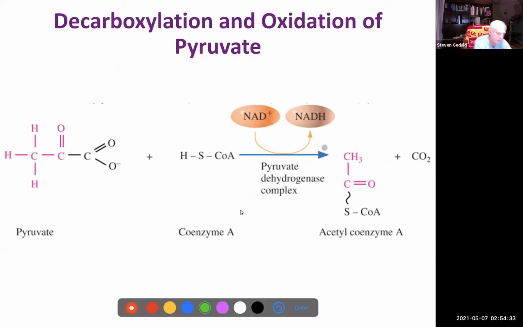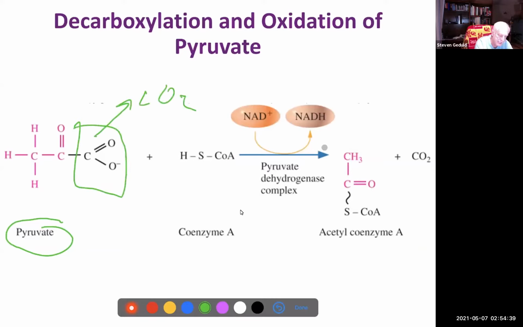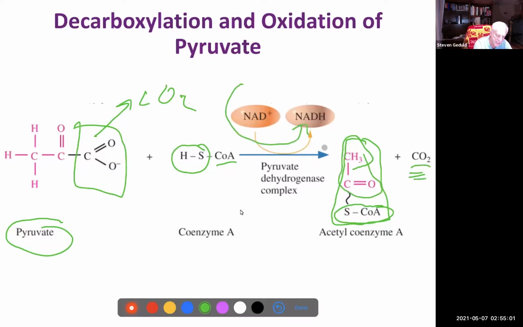So you have pyruvate, which is your 3 carbons, and you get decarboxylation, which is going to form CO2, and it's going to bond to the thiol group of coenzyme A. So this is your coenzyme A here, acetyl coenzyme A, because here's your acetyl group. This is your coenzyme A. This is your sulfur bond. And attached to that is the acetyl group right here, these 2 carbons. And you're generating CO2. And you're taking NAD+ and converting it to NADH as the electrons are transferred.